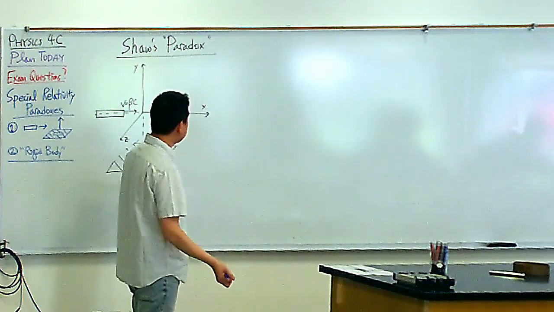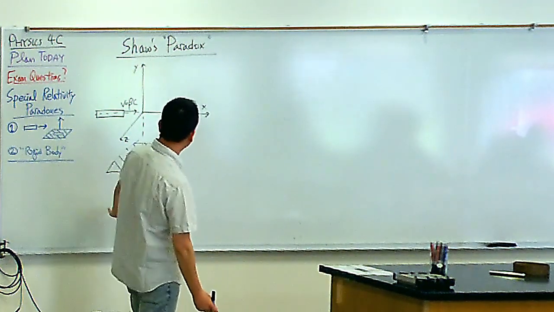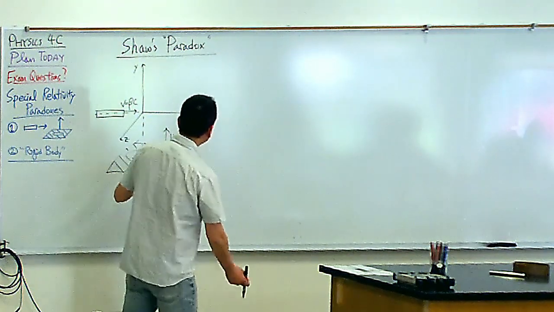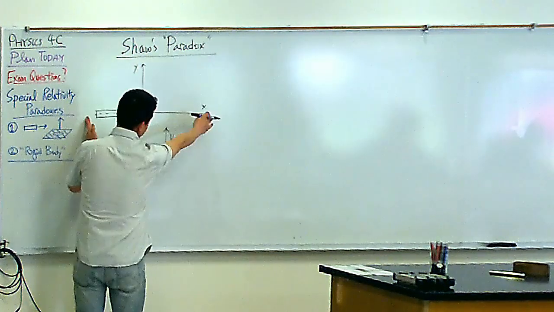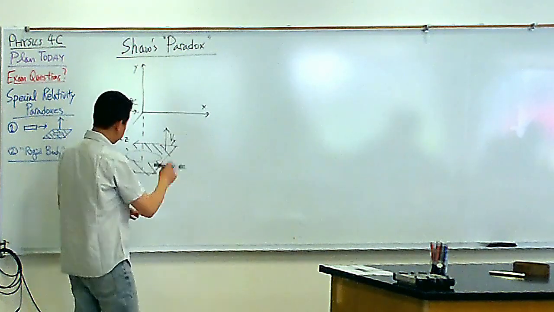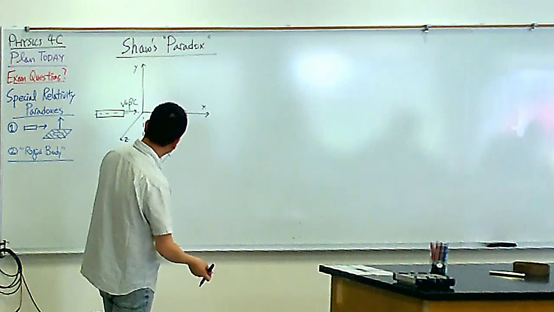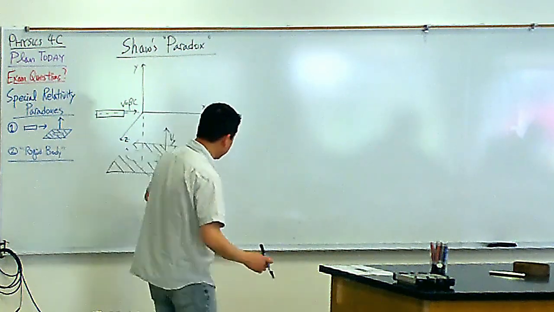So let me draw the space-time diagram that represents this interaction as well as possible. I'm only really going to illustrate the x-axis, and we will deal with the other thing later.